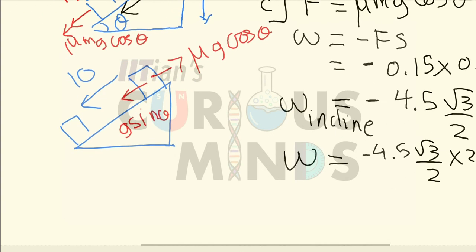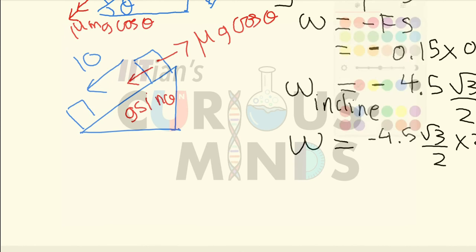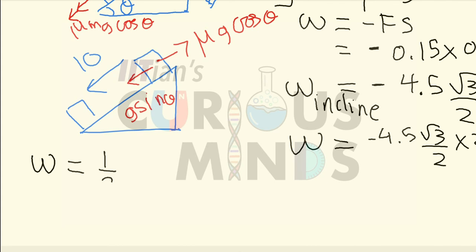So basically we have to find out the kinetic energy. The work done will be equal to the change in kinetic energy, that is half mv square minus half mu square. The initial velocity at the topmost surface when it just starts sliding will be 0.